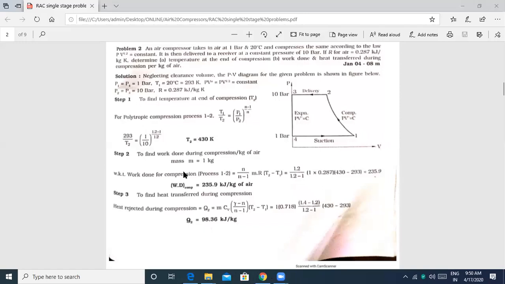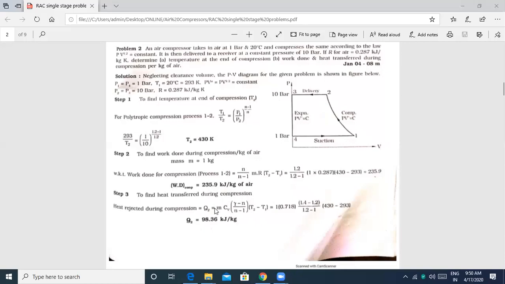Same thing, work done is given. Then what is the formula for this one? Q equals delta U plus W, but it is polytropic compression. I think you might remember this equation; I derived it in basic thermodynamics. The heat transfer during a polytropic process is given by, just remember the formula, mCv into (gamma minus 1) divided by (n minus 1) into (T2 minus T1).